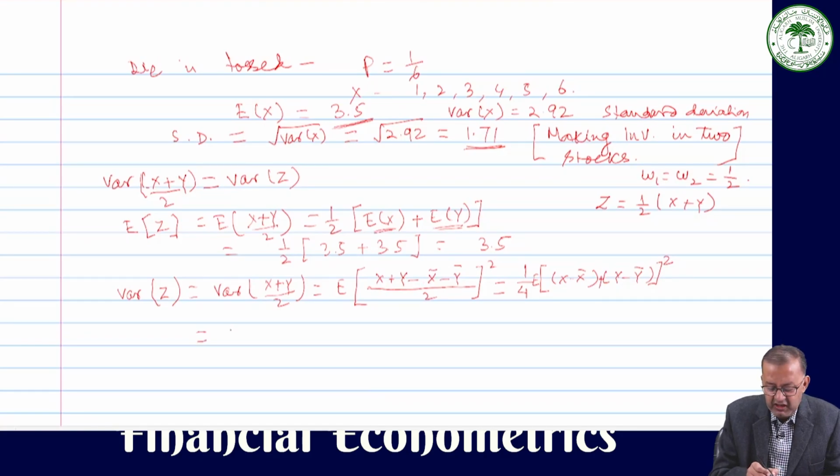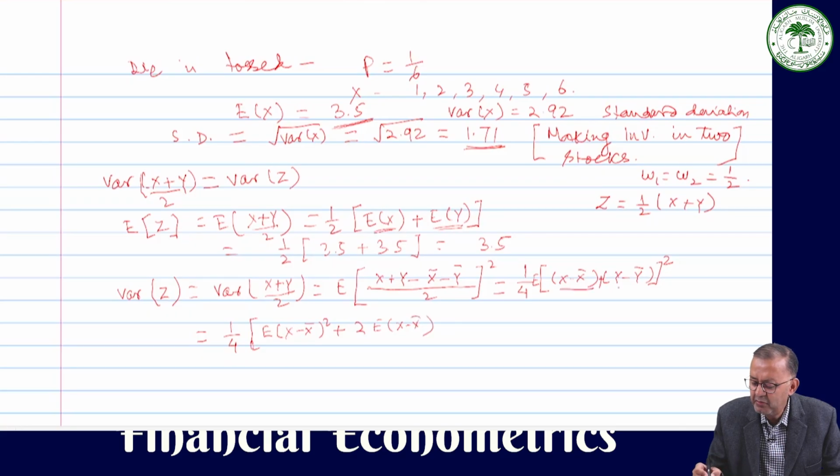Now this can be written as 1 by 4 into the expected value of (x minus x bar) square plus twice the expected value of (x minus x bar)(y minus y bar), using the a plus b whole square formula, plus the expected value of (y minus y bar) whole square.